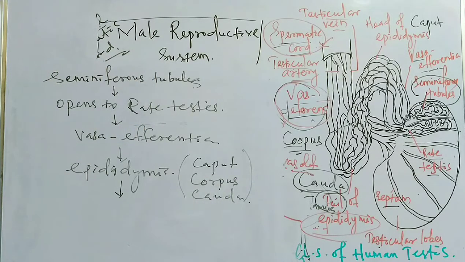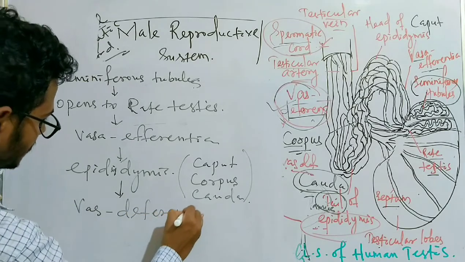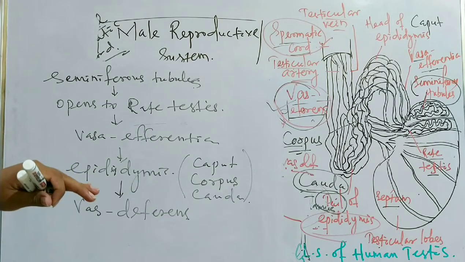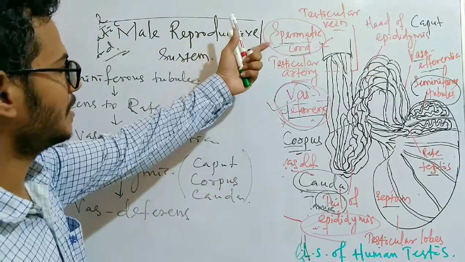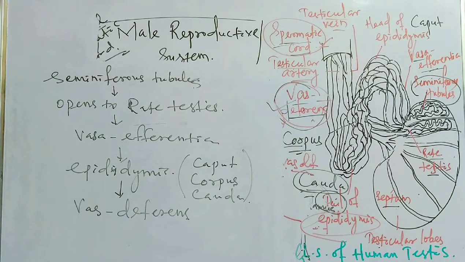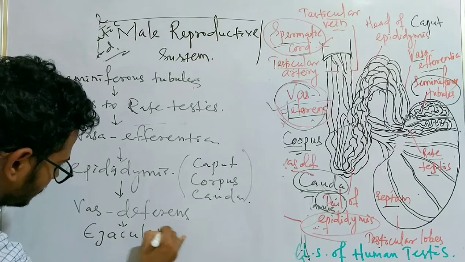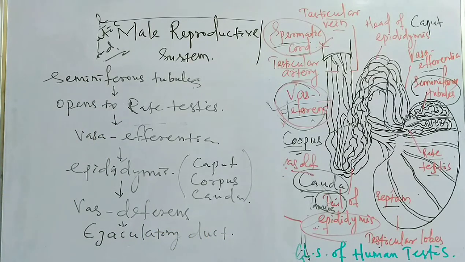From the epididymis, it will go to the vas deferens. From the vas deferens, through the ampulla, the wider part of the vas deferens, it is connected to the ejaculatory duct, and after the ejaculatory duct, it is connected to the urethra.